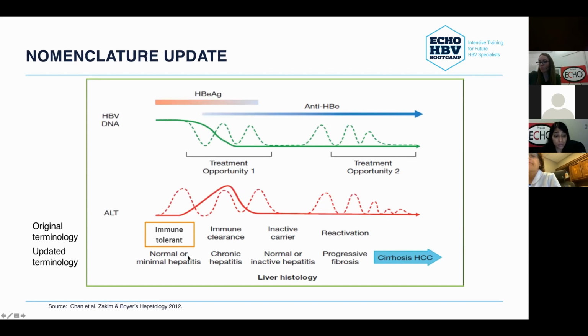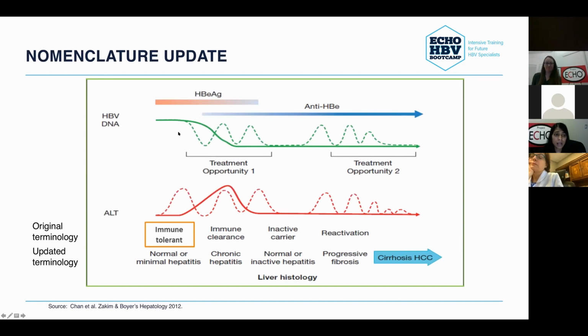So I think these newer updated terminologies are really a concerted effort by the folks in the liver realm and public health space to make terminology more reflective of what we think is going on for a given patient.